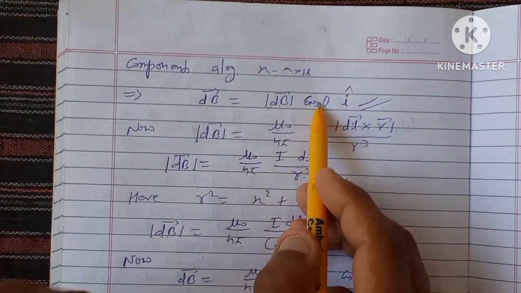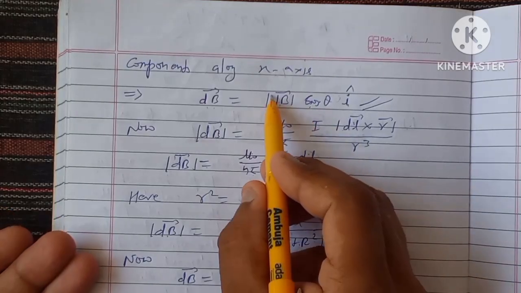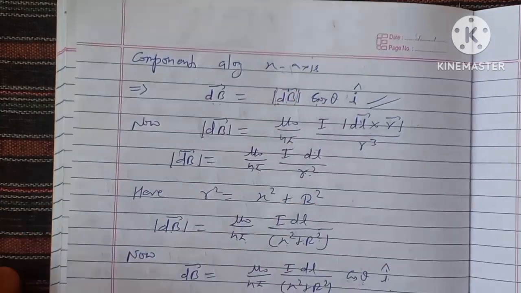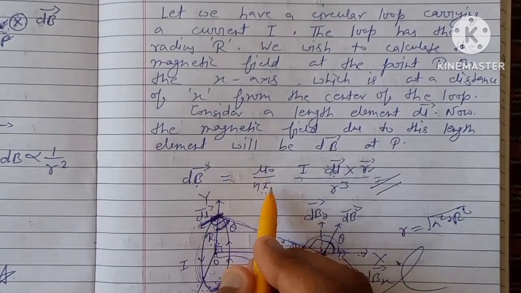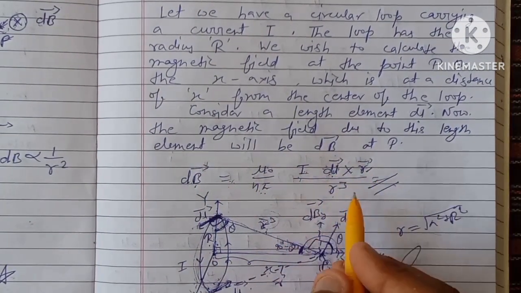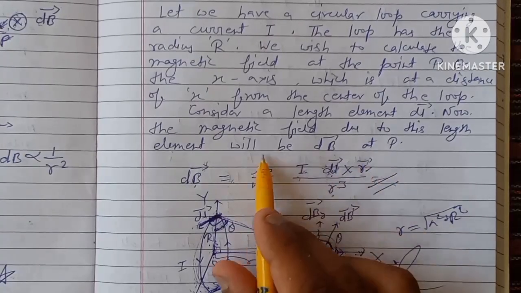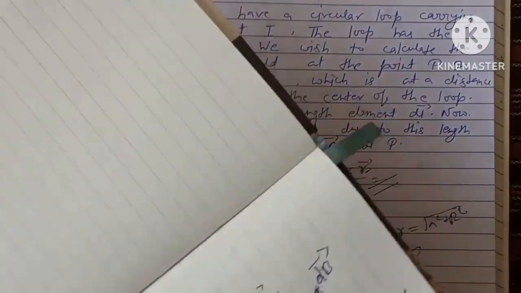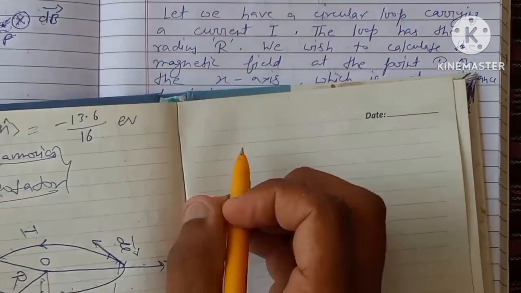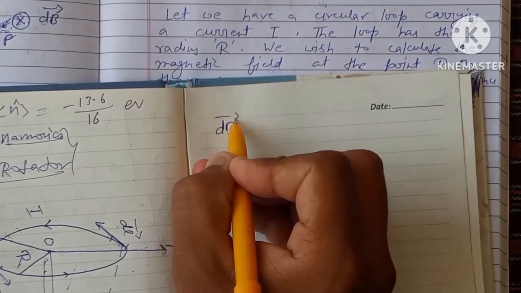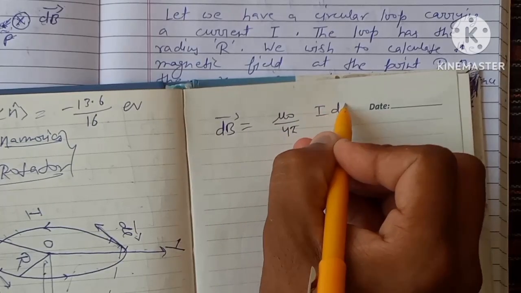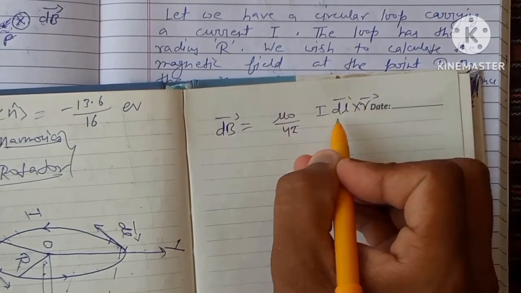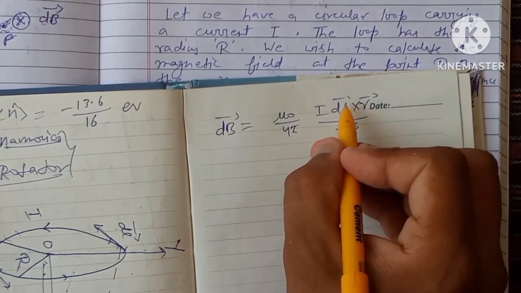Before integrating this equation, let us calculate the magnitude of this dB vector. The expression for dB vector is equal to mu naught upon 4 pi I dl vector cross r vector divided by r cube. Let us open this cross product.